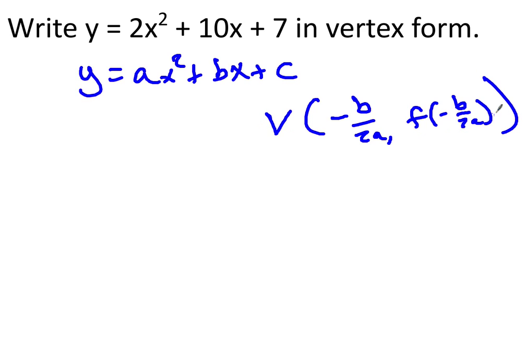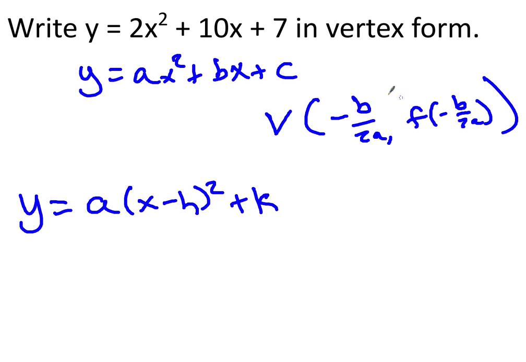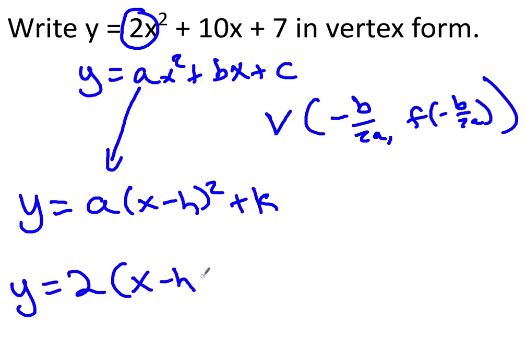So if you find the vertex, you can rewrite this in vertex form. Vertex form is y equals a times x minus h squared plus k. If we find h and k, then we can plug those in here, and the a value is going to be the same. So the a value in this case is 2. So our vertex form is 2 times x minus h squared plus k. And now we need to find what is h and k.